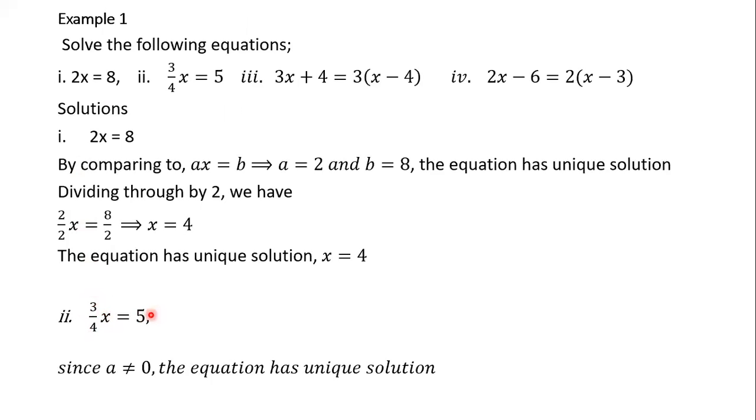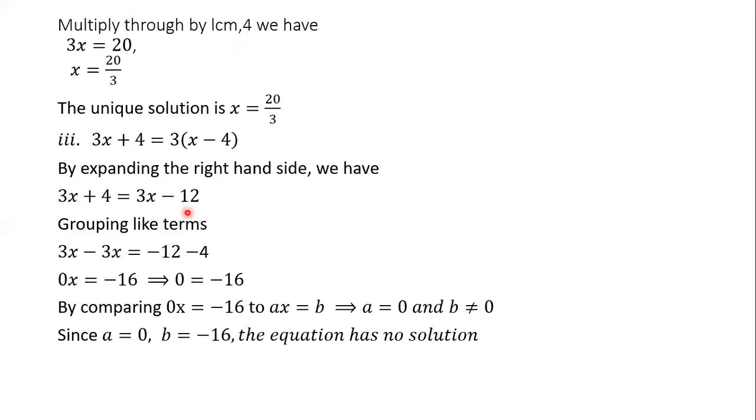And 5 times 4 is also 20. That's why you see it here. So we cannot further make x the subject without dividing, because 3 is multiplied by x. So if you want to send it to the right hand side, you must divide. I say multiplication goes to division. So dividing here by 3, dividing here by 3, we have x equals 20 over 3. And the unique solution now is 20 over 3. Good. III. Here also, we are having brackets.